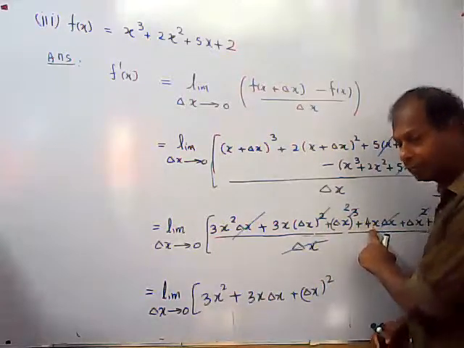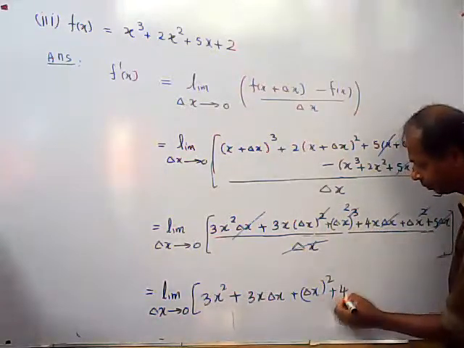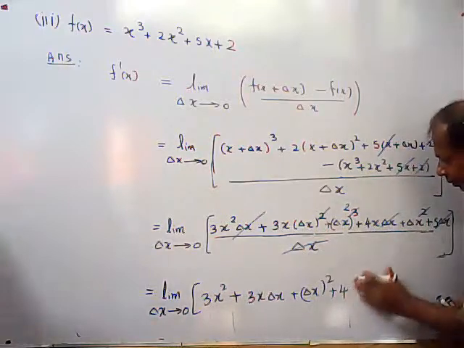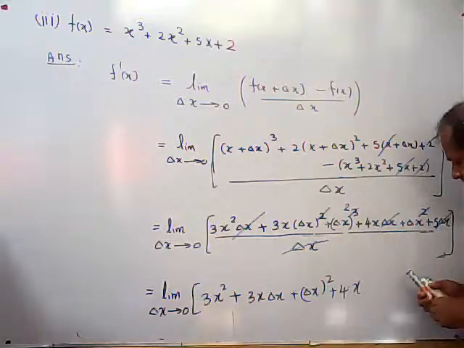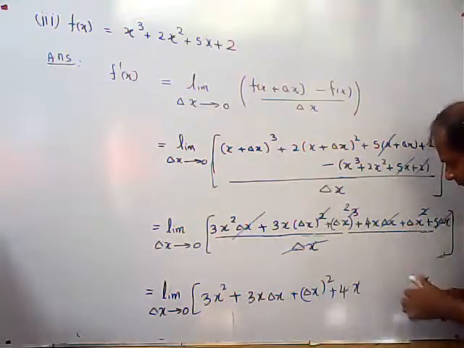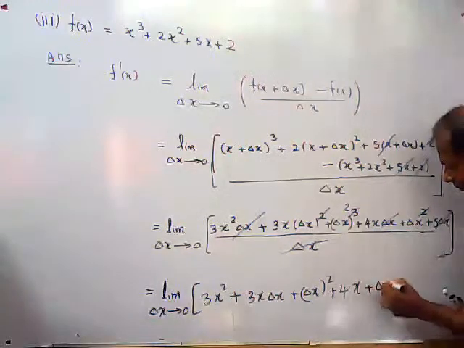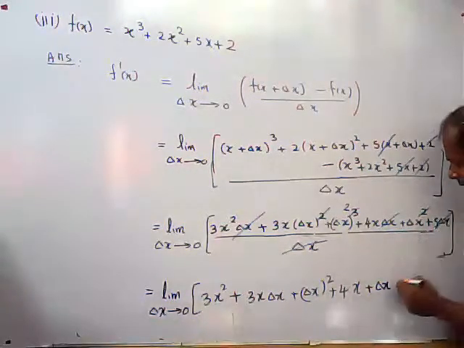This gives 4x plus 4x, and finally, not finally, two more terms. This gives a delta x, and finally plus 5.